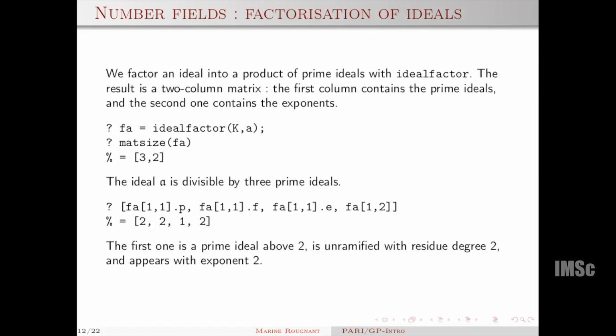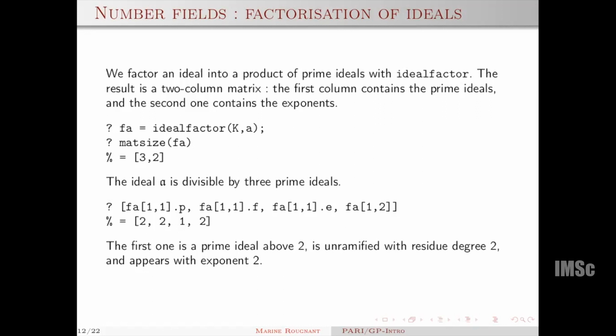You may notice. So we can factor any ideal into a product of prime ideals with the function idealfactor. You get a 2-column matrix. You have first the list of all the prime ideals, and in the second column all the exponents.